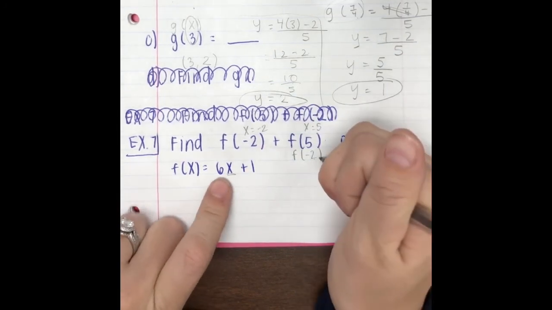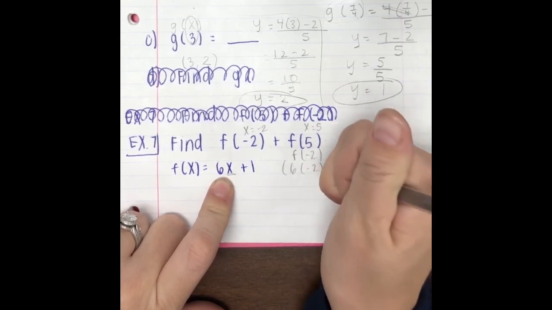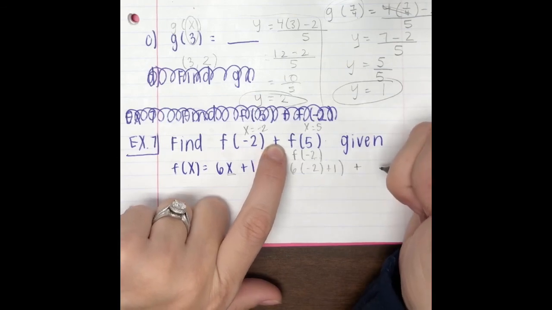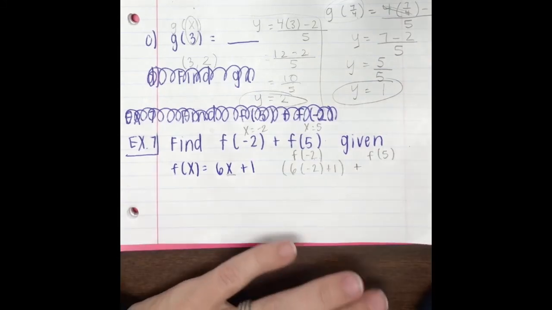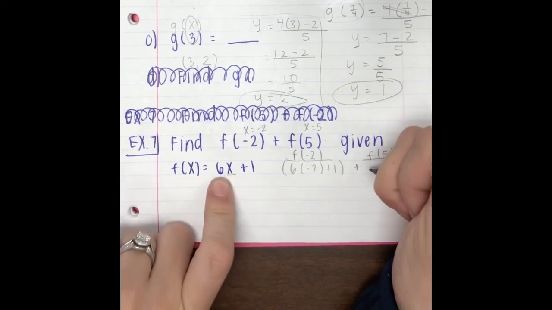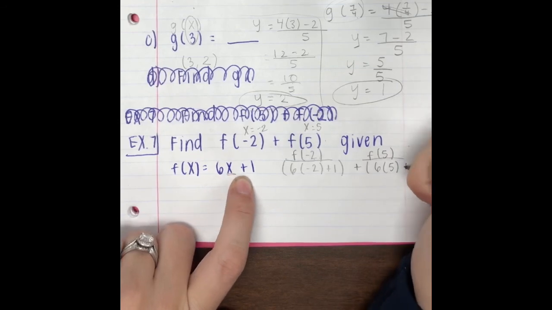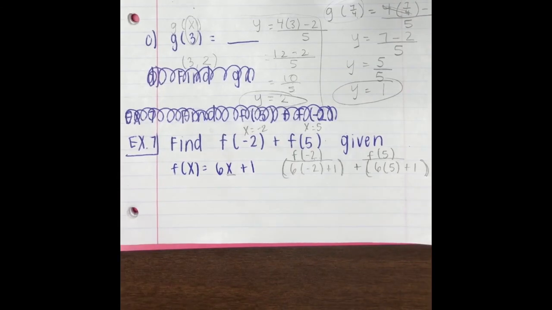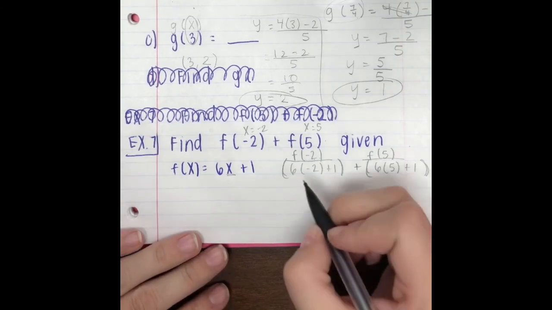So when x is negative 2, I would have 6 times negative 2 plus 1, plus, I'm adding these together, and then when x is 5, I'm going to have 6 times 5 plus 1. I'm putting each side in parentheses because I want to simplify just this part, and then add them together.